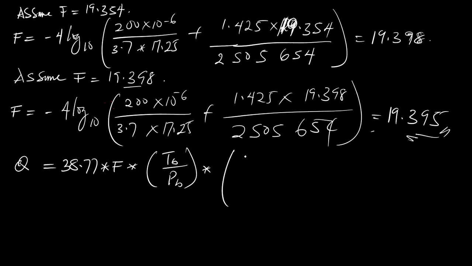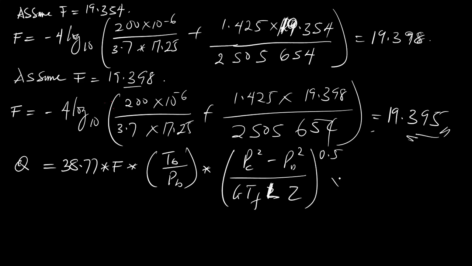times, now we're looking for pressure, P subscript C square minus P subscript D square divided by G T F L Z, L is the length, times Z, all raised to power 0.5 times D raised to power 2.5. Now we're looking for PC. Let's make this the subject of formula first.